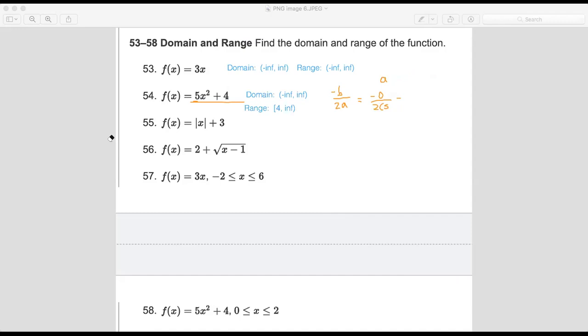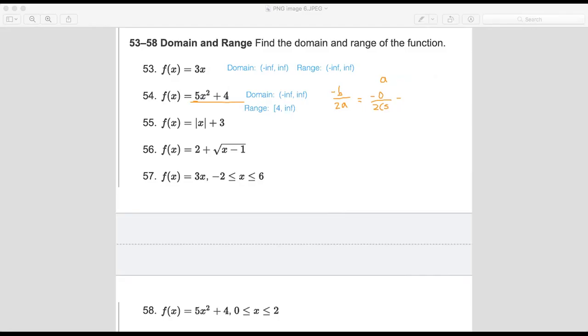All right, so the next one's the absolute value function. Absolute value functions work similar to parabolas in that they have some kind of maximum or minimum. Those are V-shaped. So let's jot down some of these details here. There's 55.